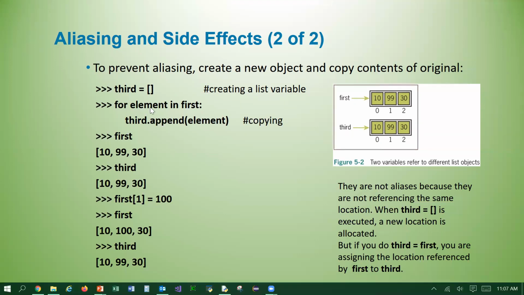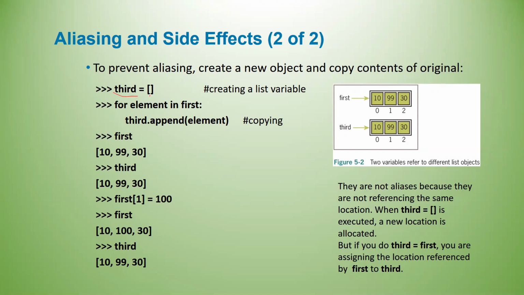Okay, so here is the example. Create a third list. When you do this, you are saying third is not just a regular variable. It's a list. So this means it's a list variable, and then you can call this method.